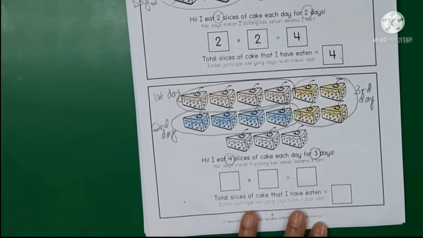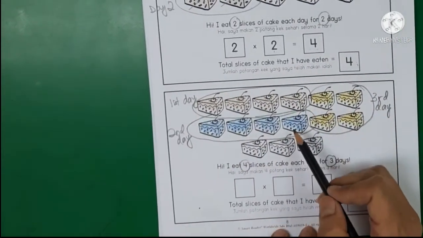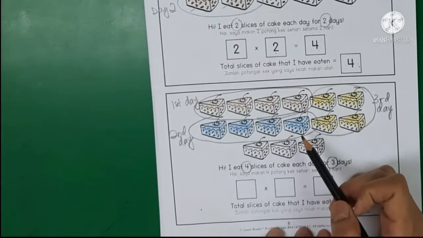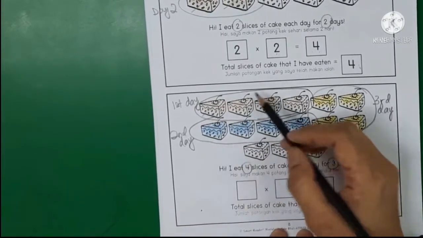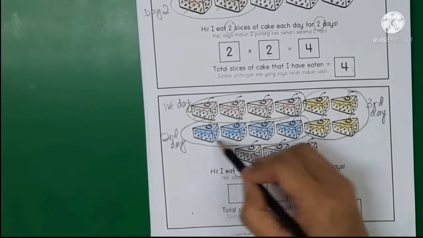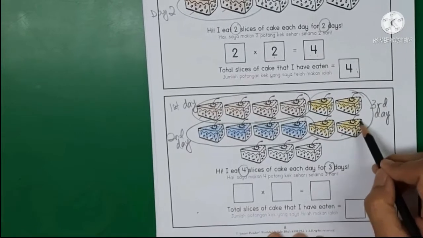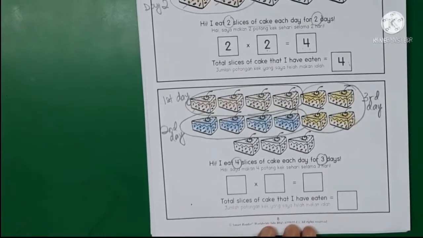So let's count how many cakes altogether I have eaten for the past 3 days. 1, 2, 3, 4, 5, 6, 7, 8, 9, 10, 11, 12 slices of cake.